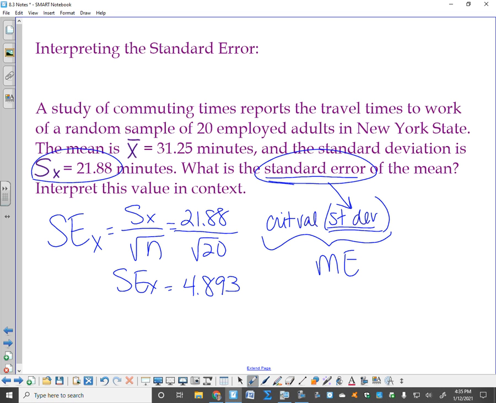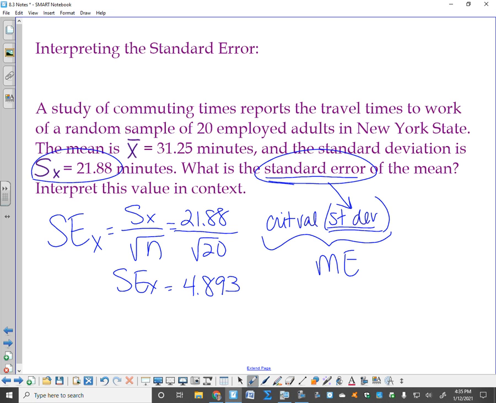Again, remember, we're talking about the standard deviation. Will typically vary by about 4.893 minutes from the population mean time it takes employed adults to get to work in New York State. So you have to do it a bunch, and it has to be the same sample size, and it's saying that the mean will typically be off, will typically vary by whatever number you got.